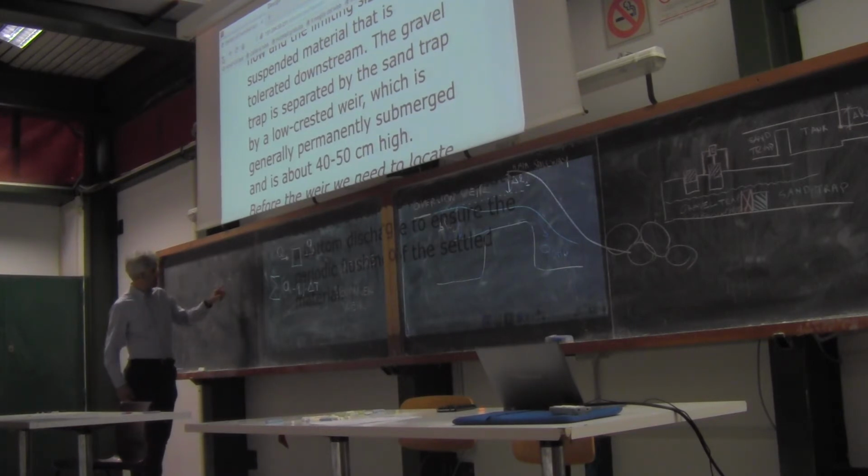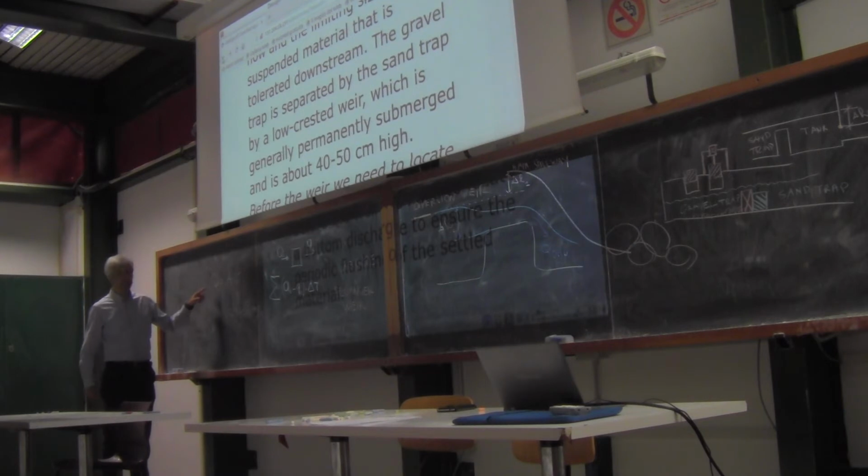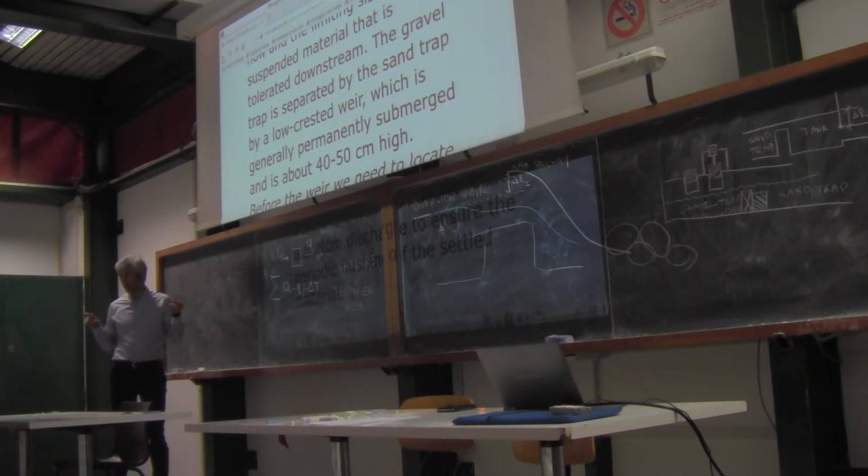And we said that in the sand trap the velocity is fixed in the range 0.05 to 0.15 meters per second. And in the sand trap your flow is equal to the design flow, QB. And therefore, basically, you already have a means to estimate the transversal area of the sand trap.